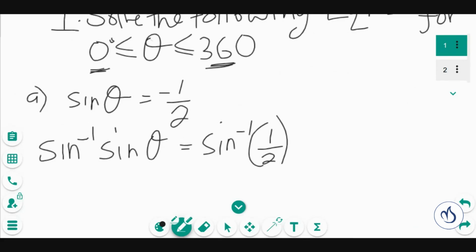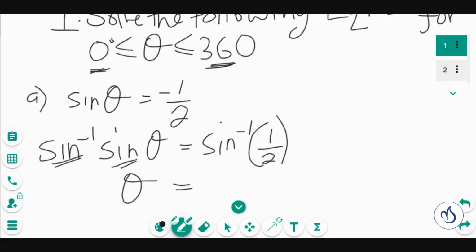Now, when sine and sine inverse meet each other, they always cancel out. So they leave the angle. Theta is the sine inverse of a half. You can press that on a calculator and you get the value.